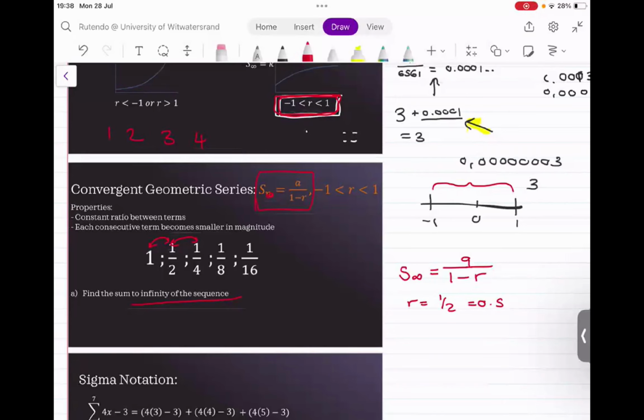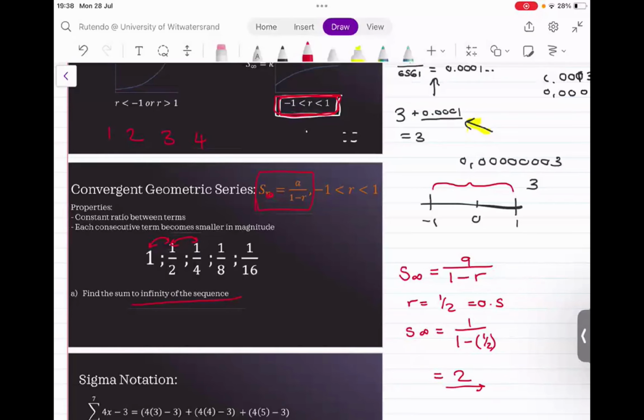So now my sum to infinity is going to equal A, which is my first number, which is 1, over 1 minus 1 over 2 or 0.5. They're the same. So my sum to infinity is actually going to be 1 over 1 minus 0.5, which is 2.